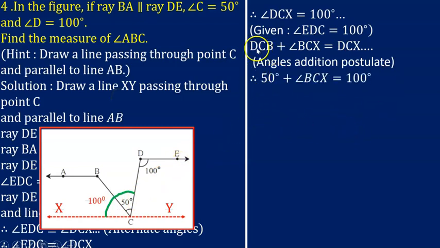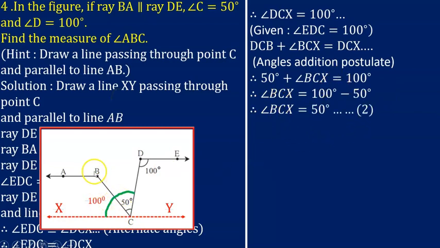But what about the measure of angle DCB? The measure of angle DCB is 50 degrees, we have been given it. So 50 degrees plus the measure of angle BCX is equal to 100 degrees, and therefore the measure of angle BCX is 100 minus 50, which is 50 degrees. This is the second one.